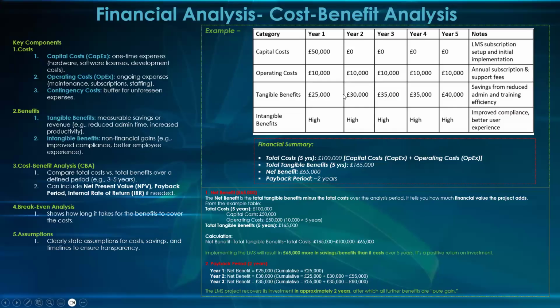Let's start. 25 plus 30, you see that that's 55, right? Is 55 greater than our cost here, 100? No. So it's not. So we move to the next. We have another 35.